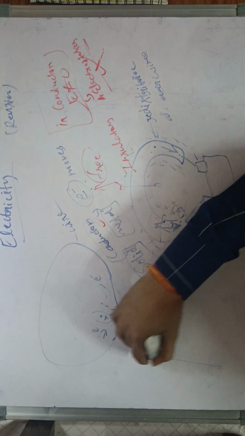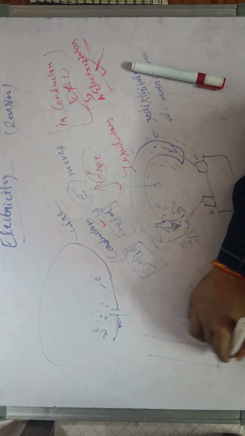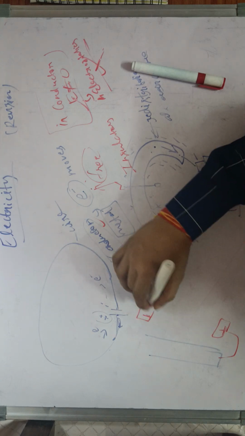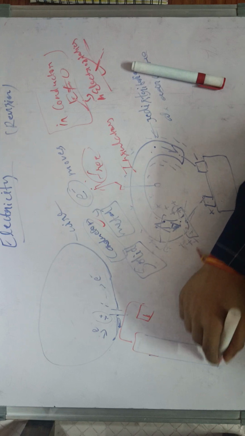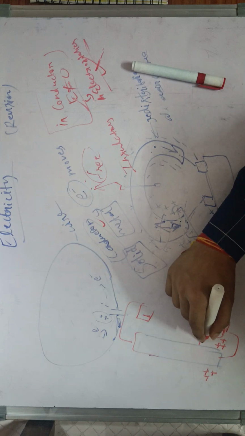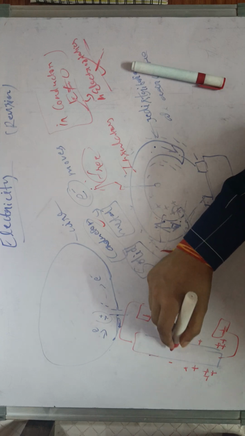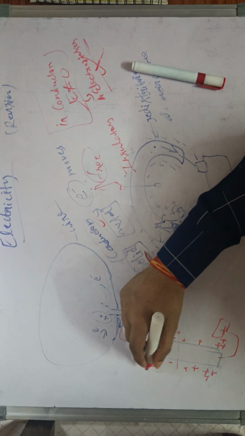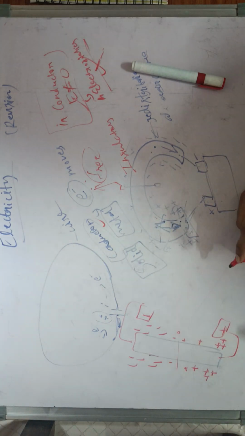If I take a straight wire connected to a positive terminal on one side and a negative terminal on the other, there is more positive charge, then less positive charge, then it becomes zero somewhere, then negative, then more negative charge.